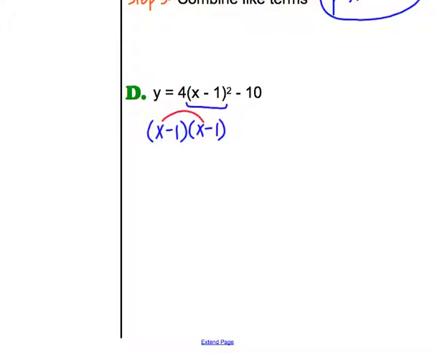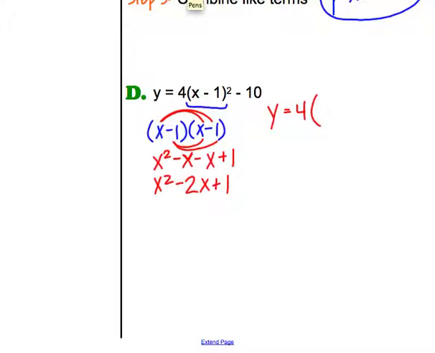We have x times x, which is x squared, x times negative 1, which is minus x, negative 1 times x, which is minus another x, negative 1 times negative 1, which is plus 1. So this is x squared minus 2x plus 1.